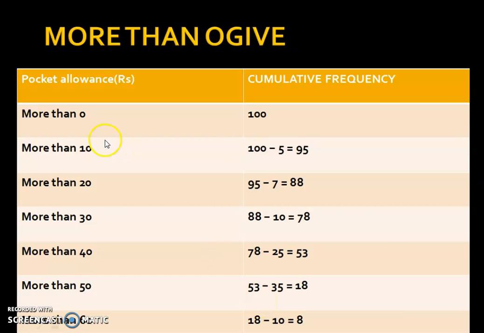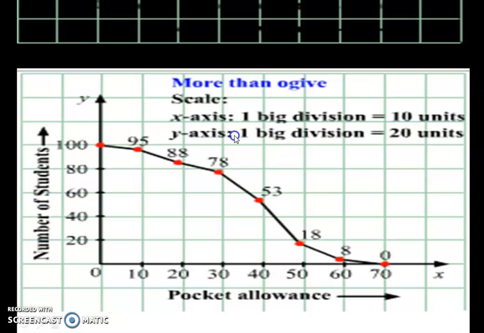Now we will plot this data, the pocket allowance on the x-axis and cumulative frequency on the y-axis. So let's have a look how to plot the data. This is a more than ogive. In the x-axis we have represented the pocket allowance. In the y-axis we have represented the number of students.